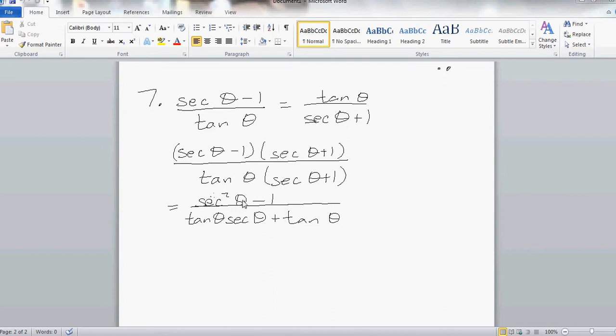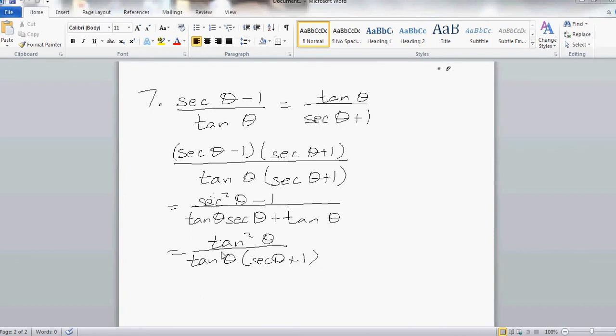Now, secant squared theta minus 1, I believe, is equal to the tangent squared of theta. And I realize I made a mistake up here. I probably didn't want to distribute this, so I'm going to factor it back out.